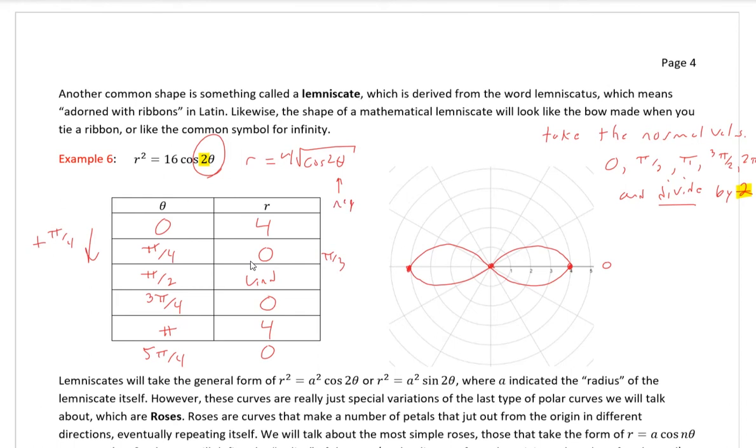Basically, anything between an angle measure of pi fourths and 3 pi fourths is going to be undefined. There's nothing here. And same thing between these regions, because you're going to get a square root of 0, or a negative number. So that's why we get no graph in those regions.